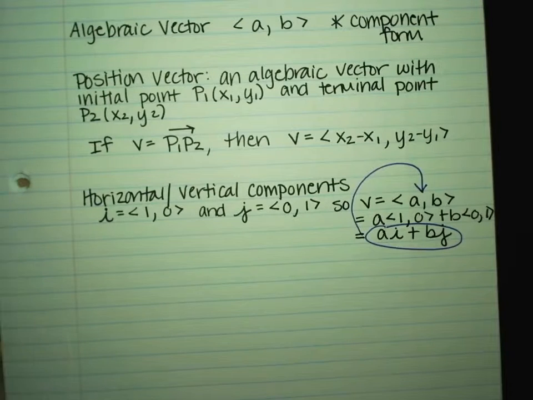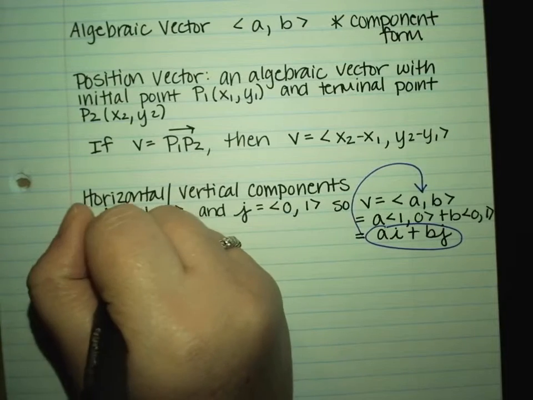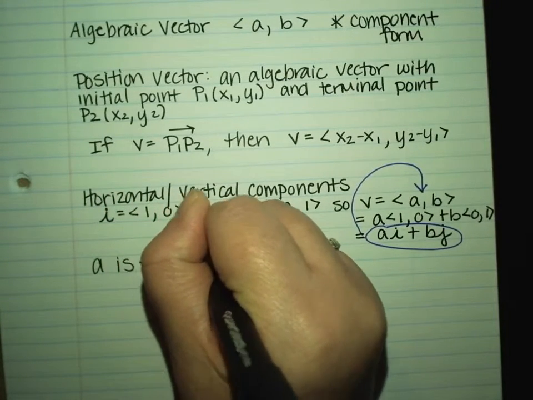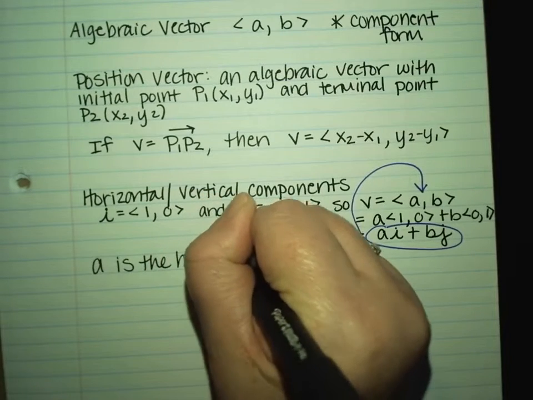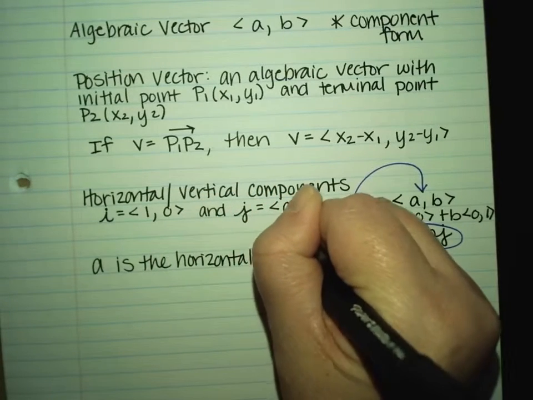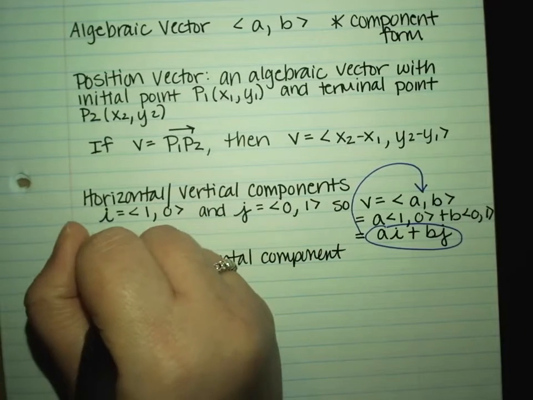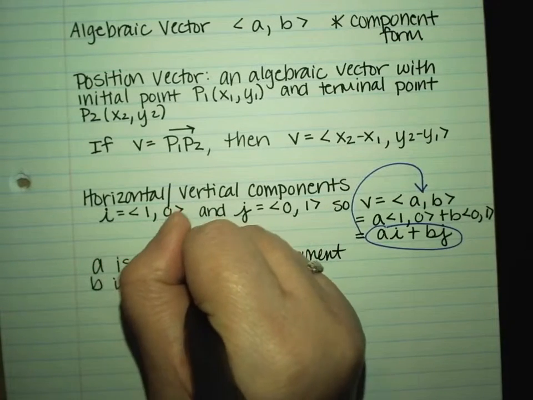So they just have two different notations. Okay. So A is the horizontal component, and B is the vertical component.